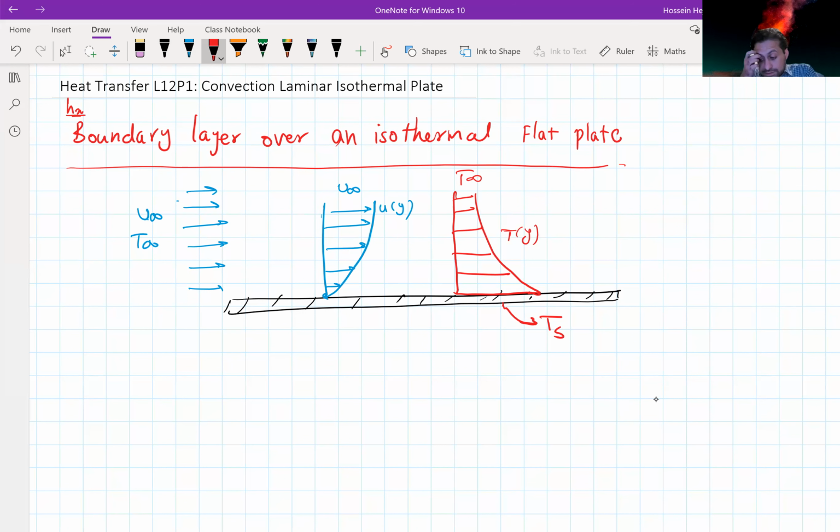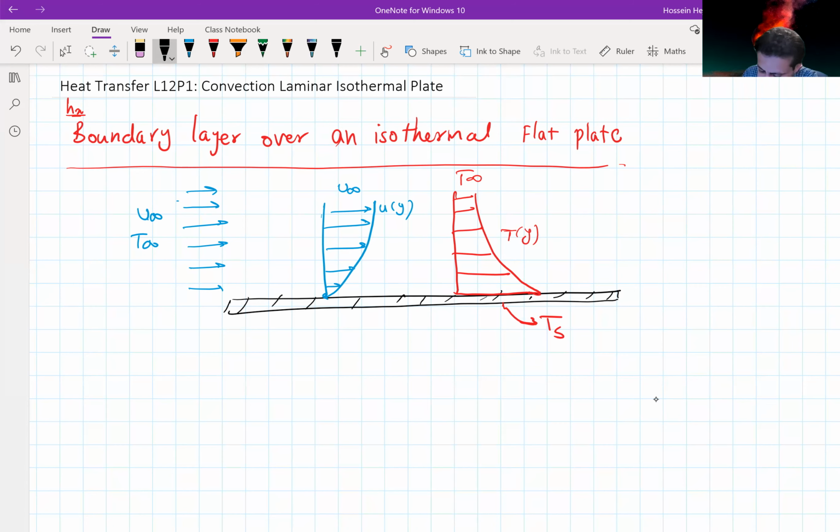Now, we discussed that Blasius could develop a velocity distribution u of y by solving momentum and continuity equations, and he did it numerically. T of y can also be found by solving the energy equation in the thermal boundary layer.